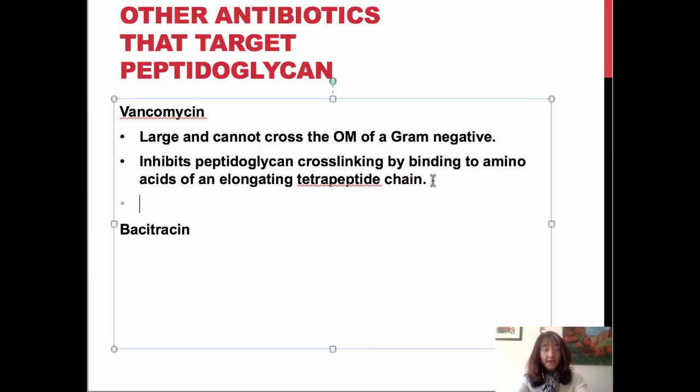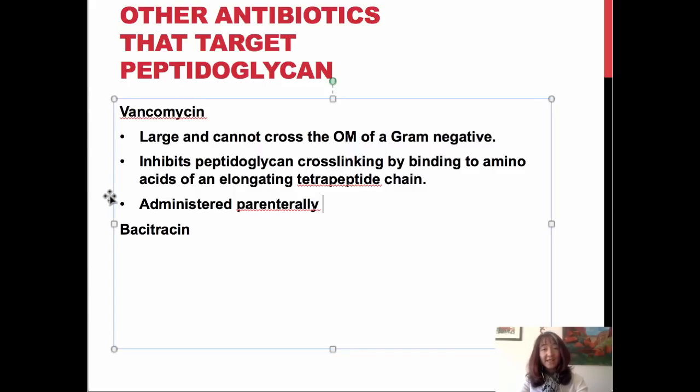We also recognize that it is administered parenterally, intravenously, non-orally. So that makes it a last-ditch effort kind of treatment.